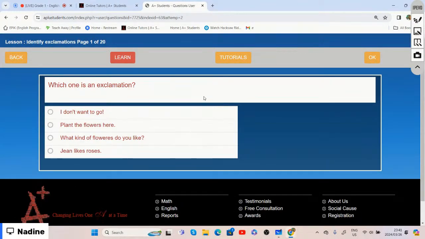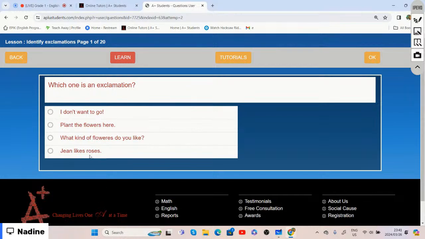We now have to say which one is an exclamation. Is it the first one that says, I don't want to go? Or the second option that says, plant the flowers here? The third option, what kind of flowers do you like?